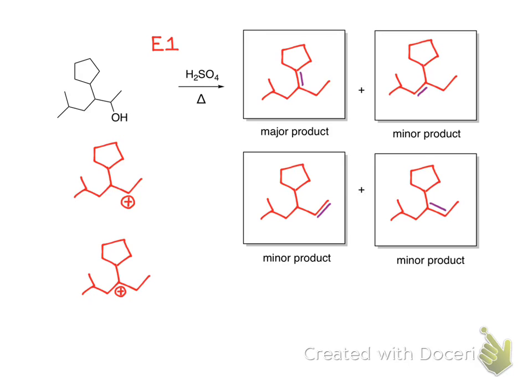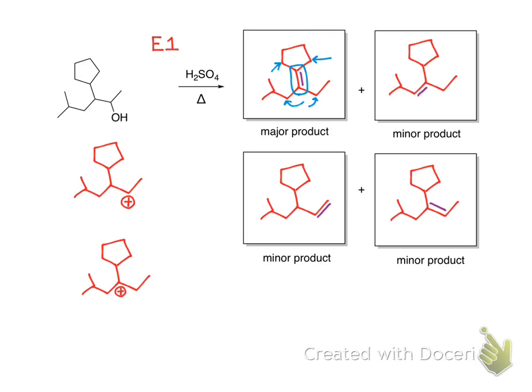What is it about this product that's so special? Well, we can use Zaitsev's rule. Zaitsev's rule says if we look at our alkene, we want to look at the number of carbons that are branching off of it. So in this case, we have 1, 2, 3, 4.